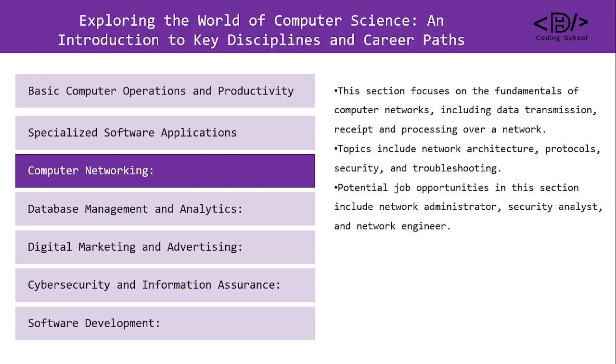Here you could go into details and look into network architecture, protocols, security, and troubleshooting. This is why you find someone able to set up a network for a company, a LAN network. It can be a LAN or a MAN network, depending on whatever we are trying to achieve in that specific location.